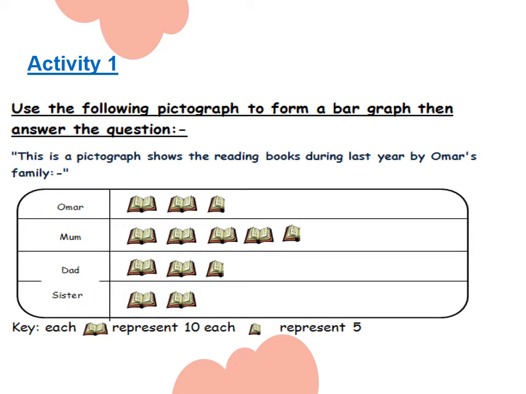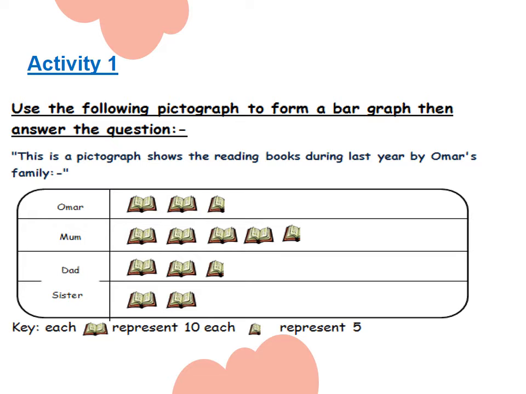First, in a pictograph, you have to read the key, the last sentence in the slide. Each book represents 10. Each half book represents 5. So here we will count by 10, and when we find a half book, we will count it as 5.